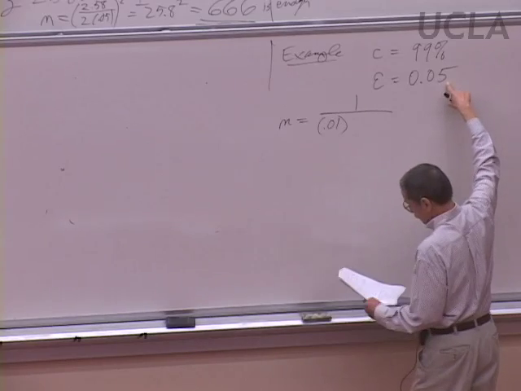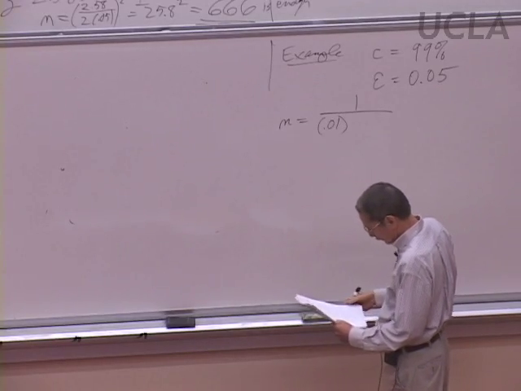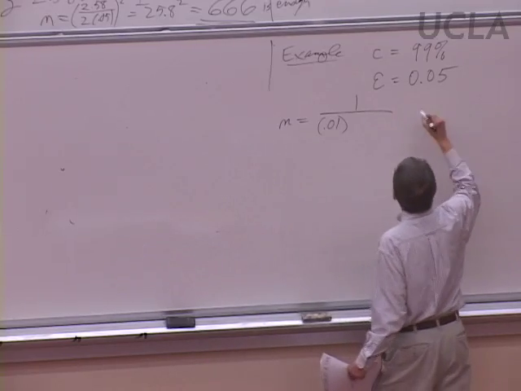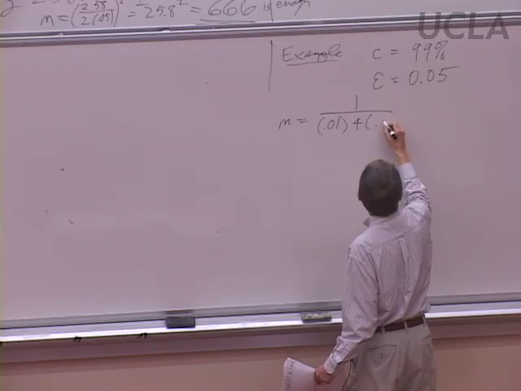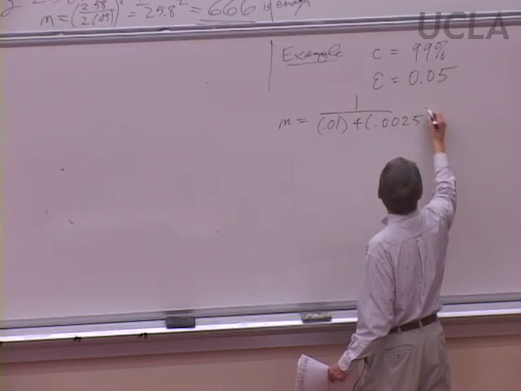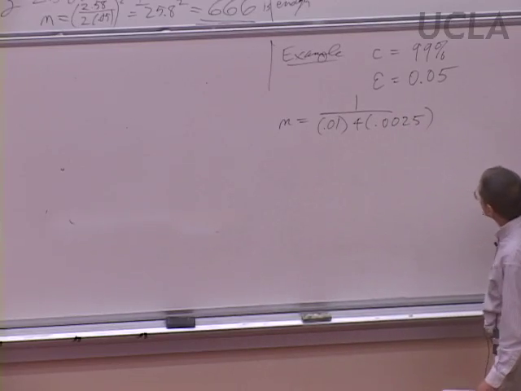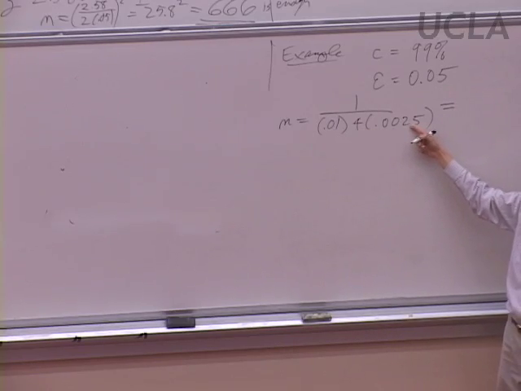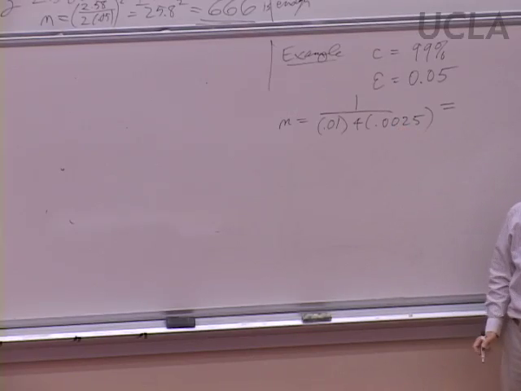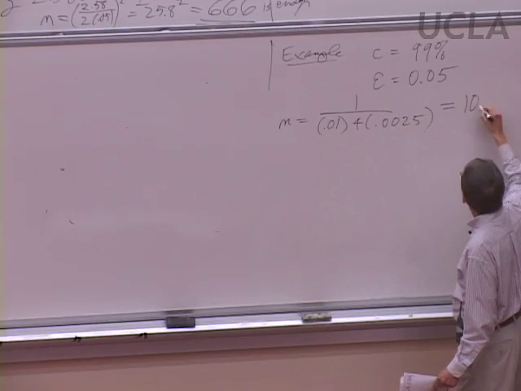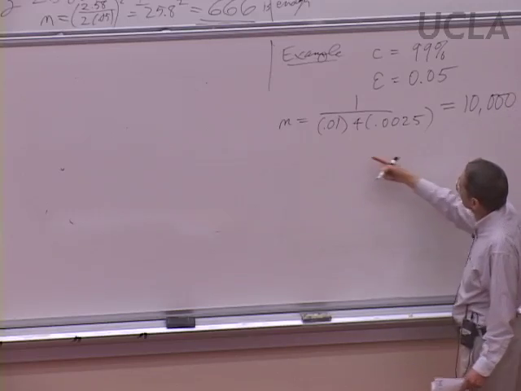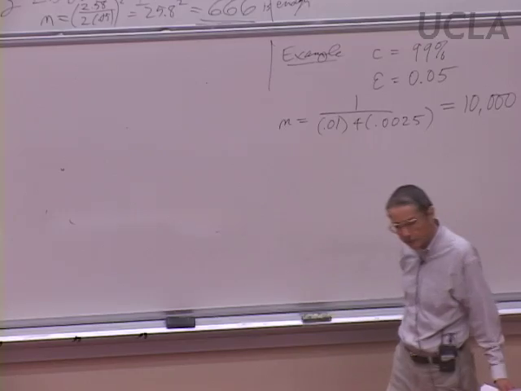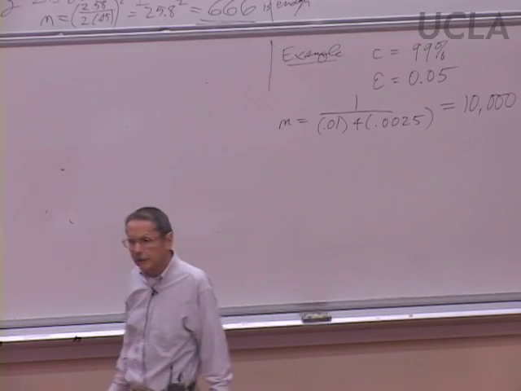So what's 4 epsilon squared? 4 times 0.05 squared. Multiply this out, we get another 0.01. One over 100 here, or 100 there. We need n to be 10,000.